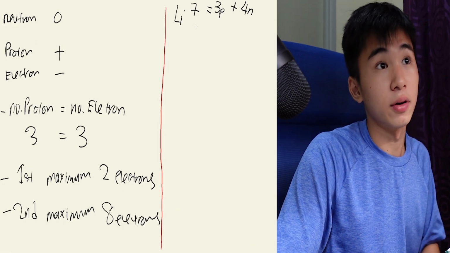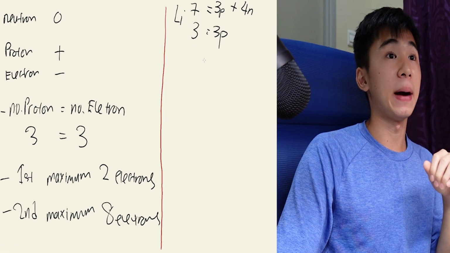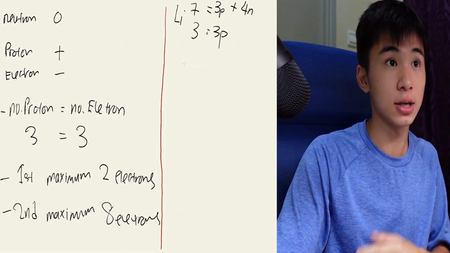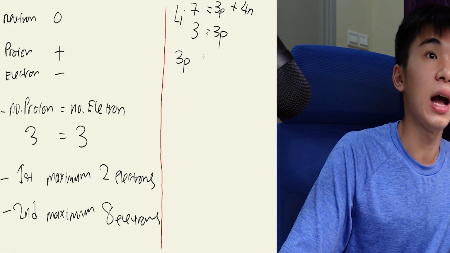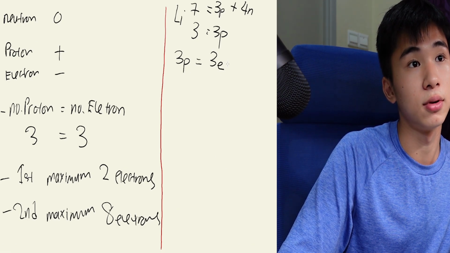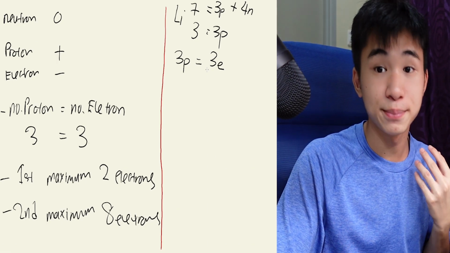The proton number for lithium is 3. So by this information we know that lithium has 3 protons, and at the same time it has 3 electrons, because the number of protons is equal to the number of electrons.